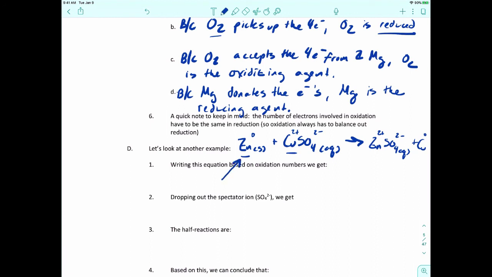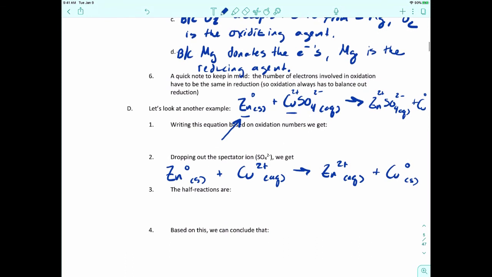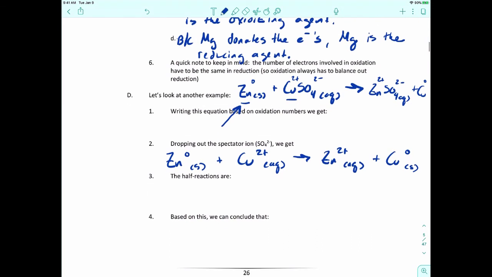So if we write a reaction based on what we see, if we drop out the spectator ion, you're going to get a reaction that says this. You have zinc plus copper 2 plus yields zinc 2 plus plus copper. And so if we write a half reaction based on what we're seeing, one reaction is on zinc.